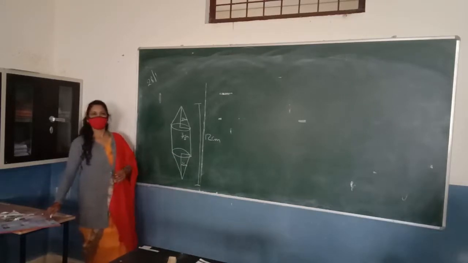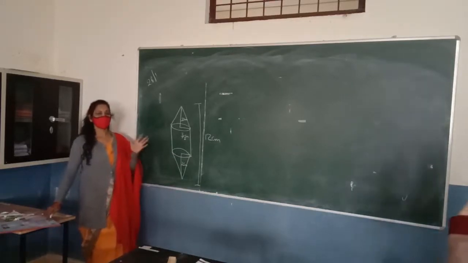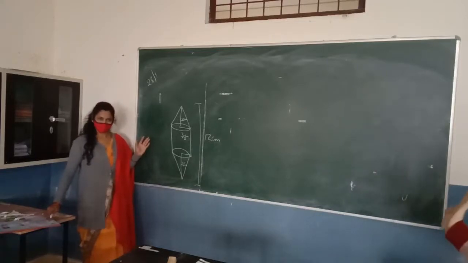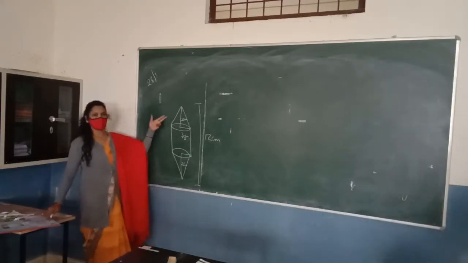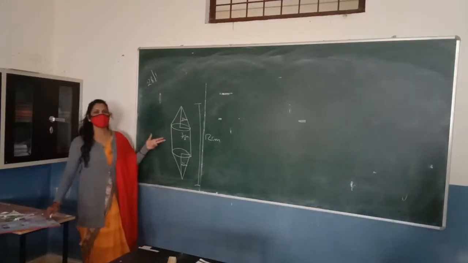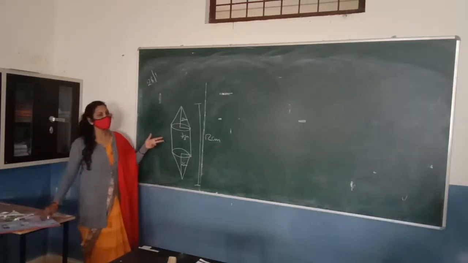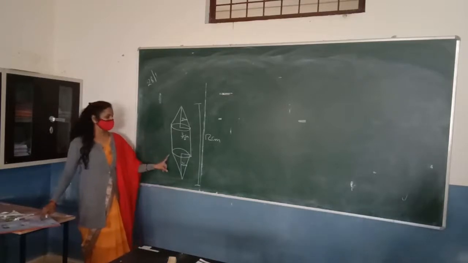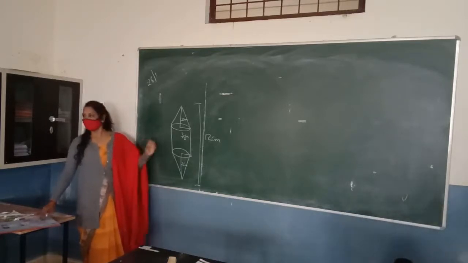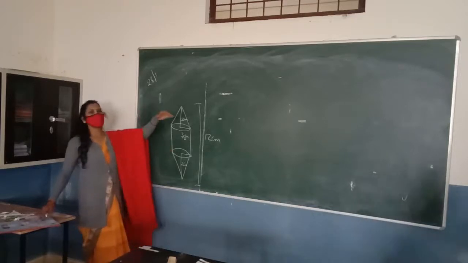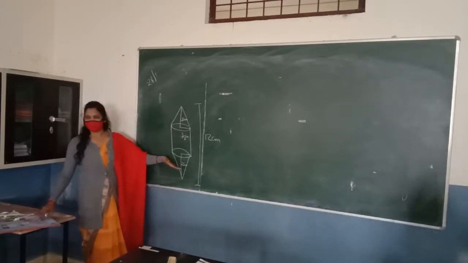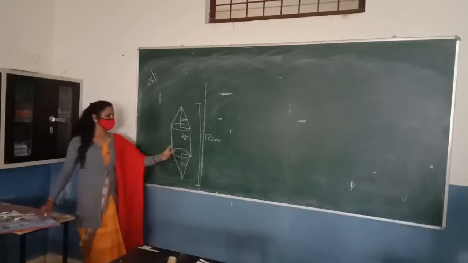The volume of two cones is 1/3 pi r square h, plus the volume of the cylinder, which is pi r square h. If you want to find the volume of the figure, we will add the volume of all the figures attached: the volume of the cone plus the volume of the cylinder plus the volume of the cone.